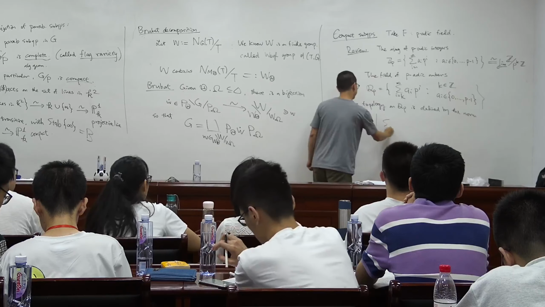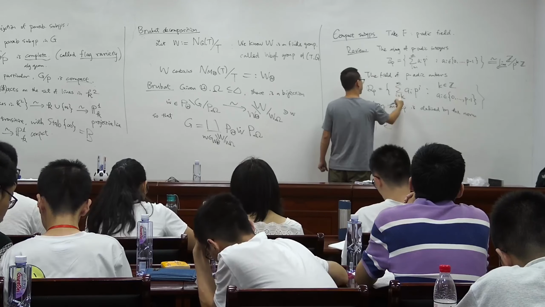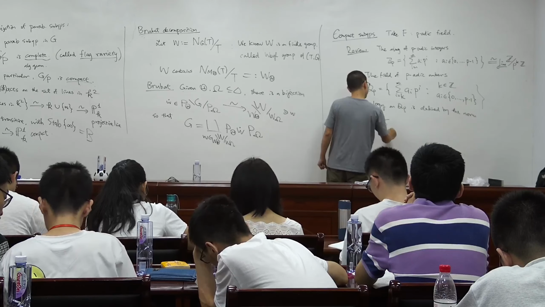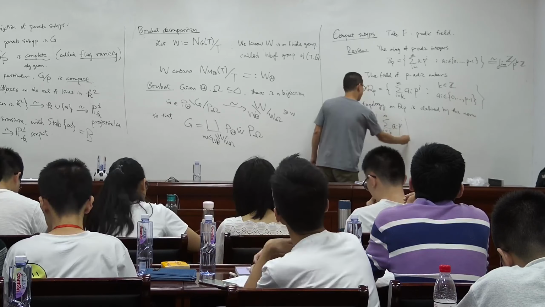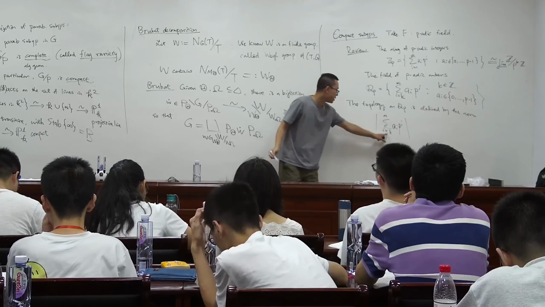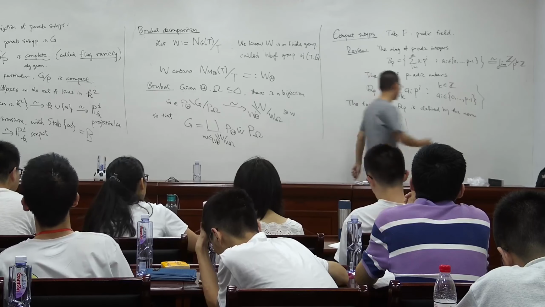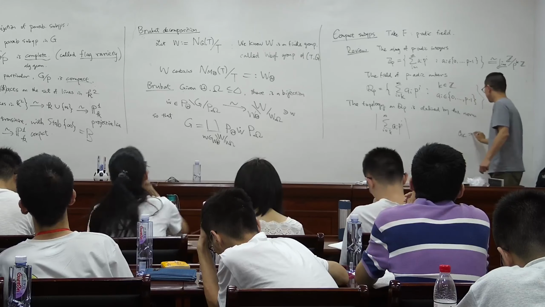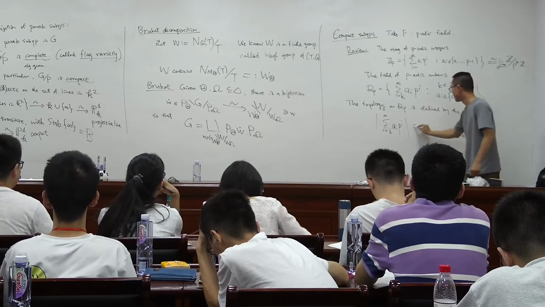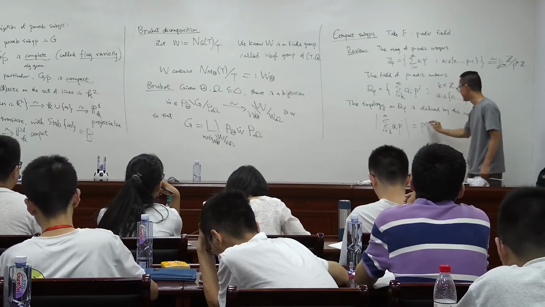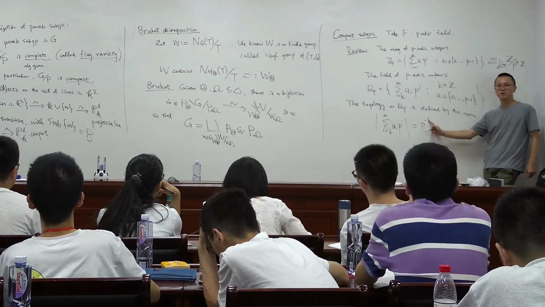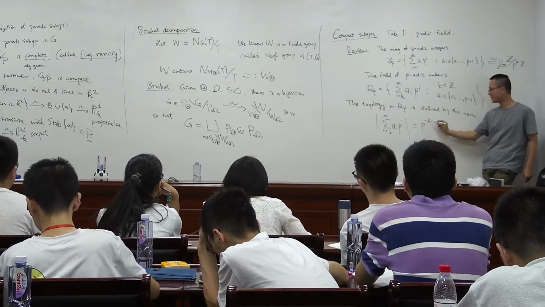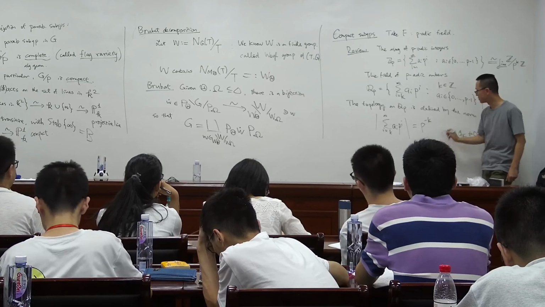So this norm, if you input any p-adic number, if the first nonzero term is the kth term, then the length is p to the power minus k. So you have to be careful, a minus sign here in the power.